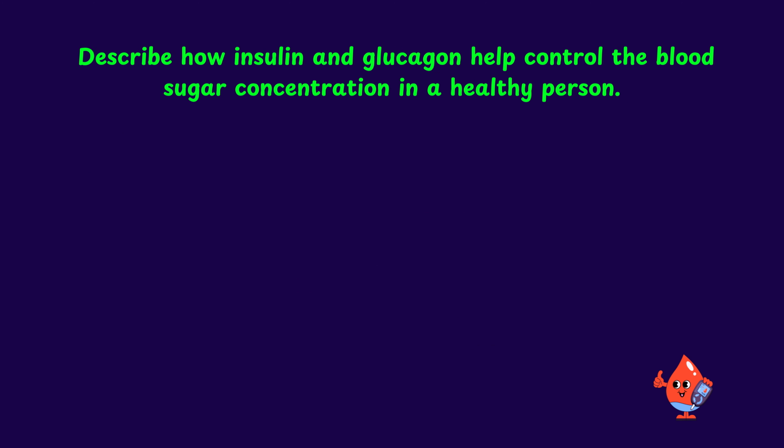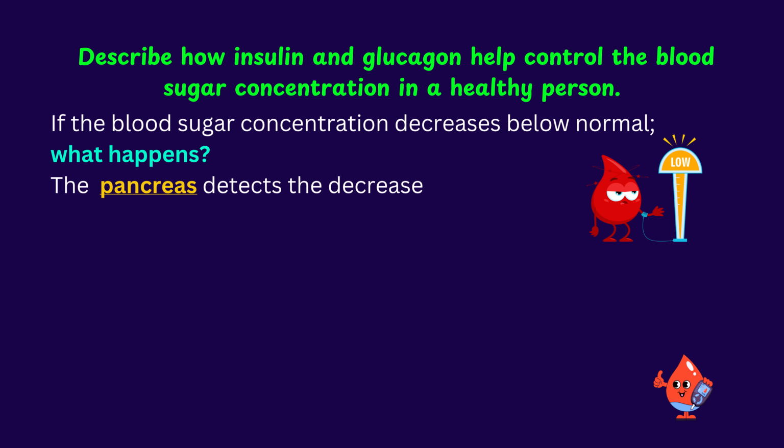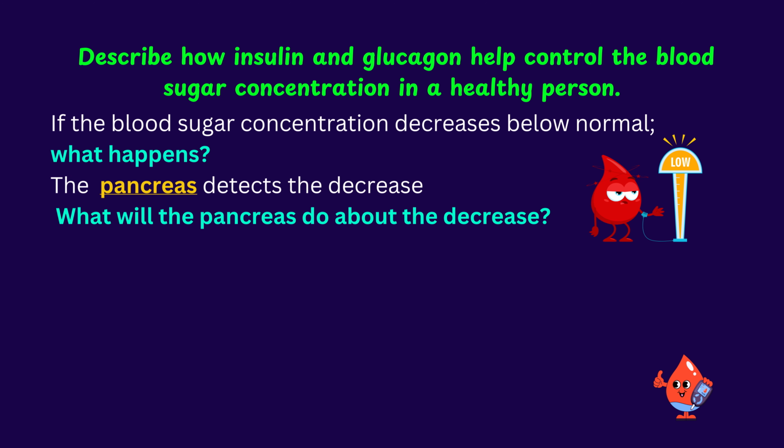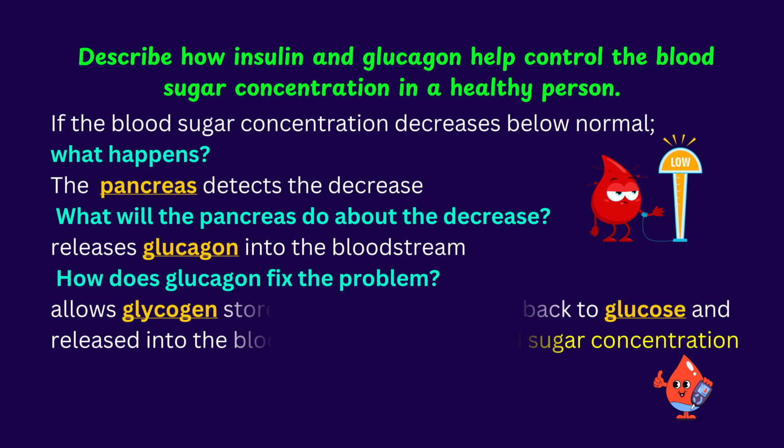Let us now look at if the blood sugar is too low. If the blood sugar concentration decreases below normal, what happens? The same pancreas detects the decrease. What will the pancreas do about the decrease? The pancreas releases a different hormone now, and this one is called glucagon into the bloodstream. How does glucagon fix the problem?